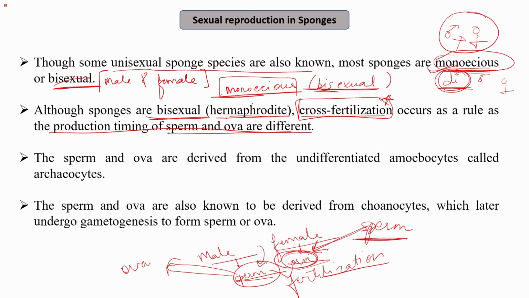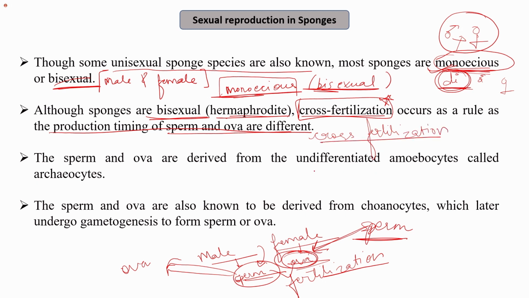So although they are hermaphrodites, they are fertilized by the sperm or ova of the other organism, and therefore they undergo cross-fertilization. This is really important to remember.